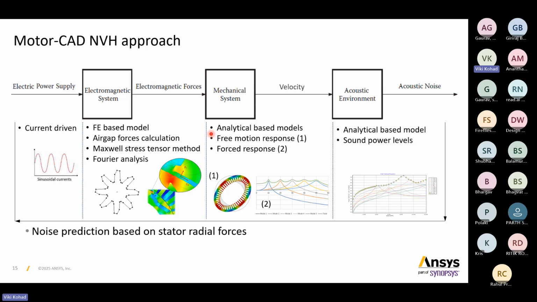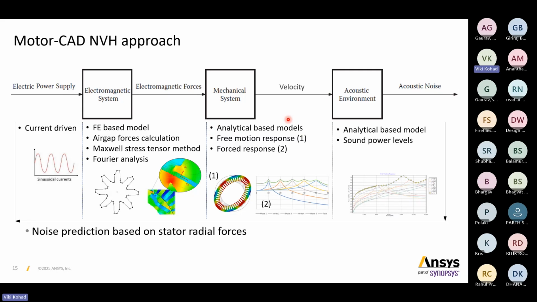The equations related to noise, vibration and harshness are all included in the background of the mechanical system of Motor-CAD, and in that system you can see how the motor response comes on the noise and vibrations.